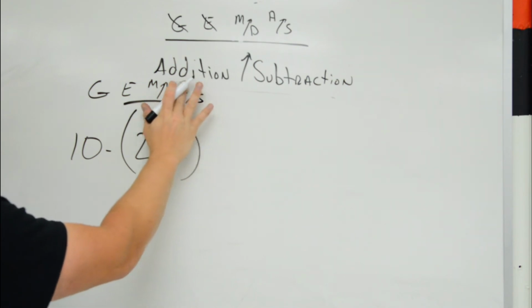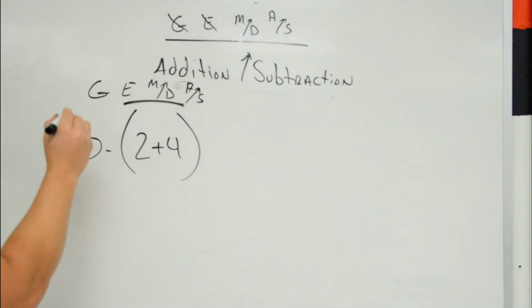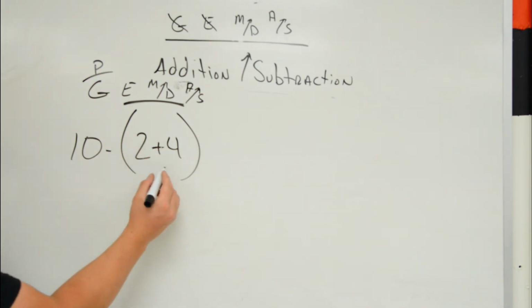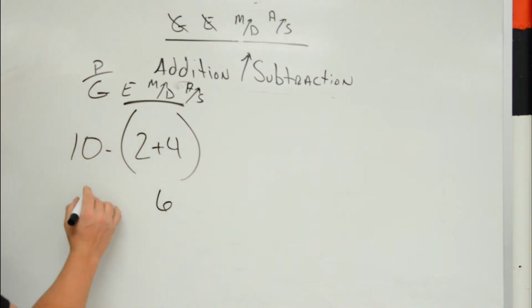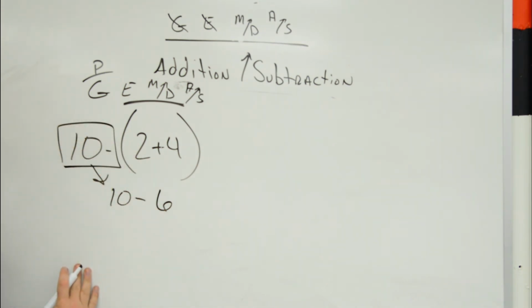I know I'm pushing my GEMDAS idea. PEMDAS, GEMDAS, whichever one you want to use. I'll put a P up there just to be nice. So we have a grouping symbol, which is the parentheses. So 2 plus 4 goes first, and that's going to give me 6. Okay, bring down what's left. 10 minus 6, and that's going to give me 4.